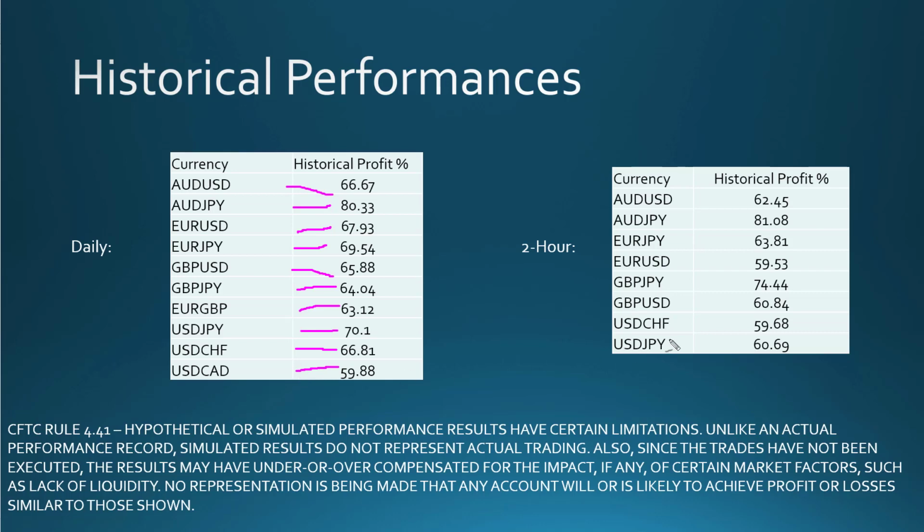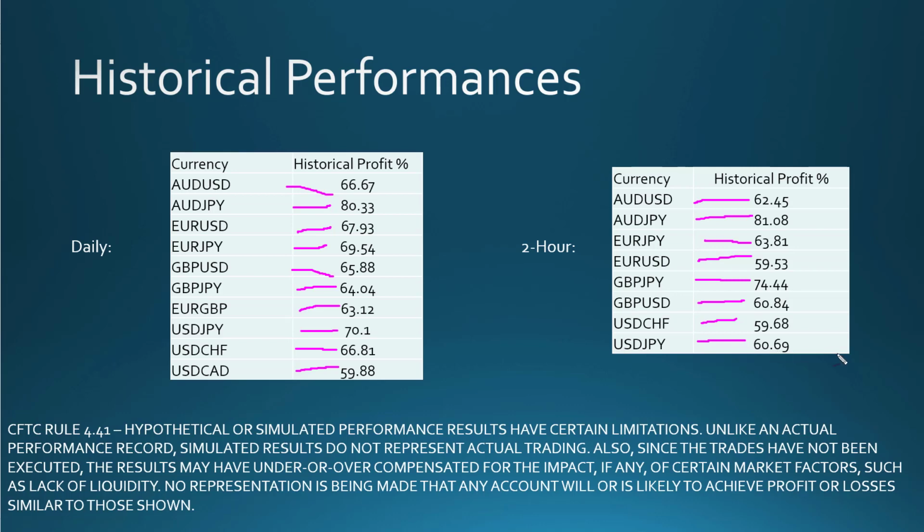Now, on the 2-hour binaries, the Aussie dollar 62.45, Aussie yen 81.08, euro yen 63.81, euro dollar 59.53, British pound yen 74.44, British pound dollar 60.84, USD Swiss franc 59.68, USD JPY 60.69.